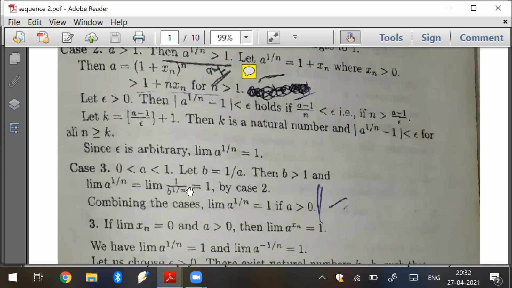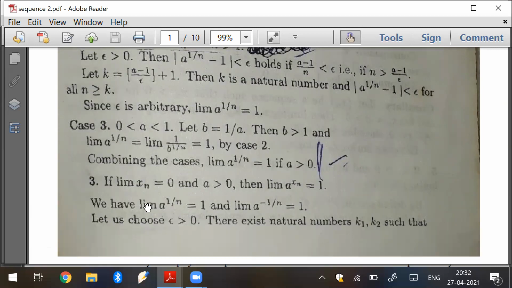But what is the limit of this denominator? It is 1 by case 2. So 1 by 1 is 1. Okay, so limit n tends to infinity a to the power 1 by n is 1. So combining all the three cases, in each and every case we are getting 1. So here the limit point is 1 only. So it is true.